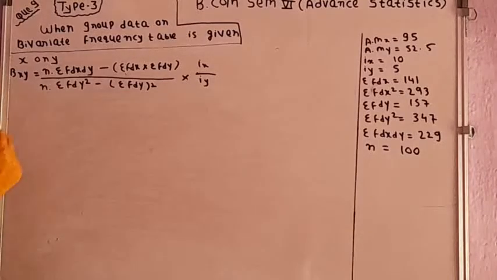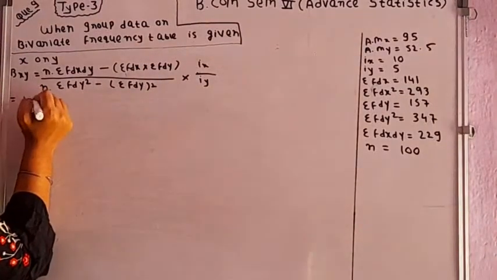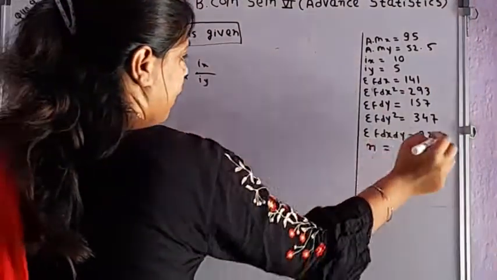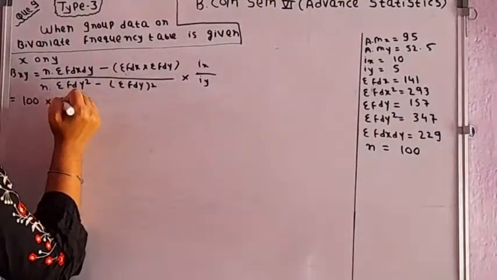Now we are going to put the values into this formula. What is the value of n? 100. What is the value of summation f dx dy? 229.